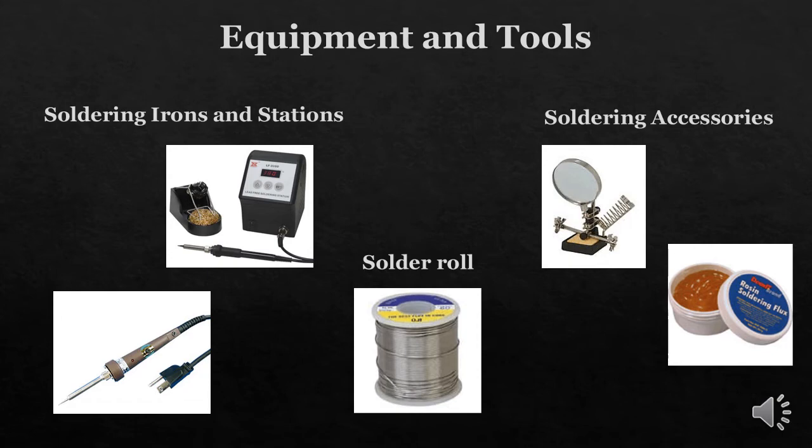For the soldering iron and the station, you can see in the picture, there is a gun for the soldering process, and for the solder roll, we usually use a roll of solder material. For the soldering accessories, there are the workstation and the wax for the soldering process.